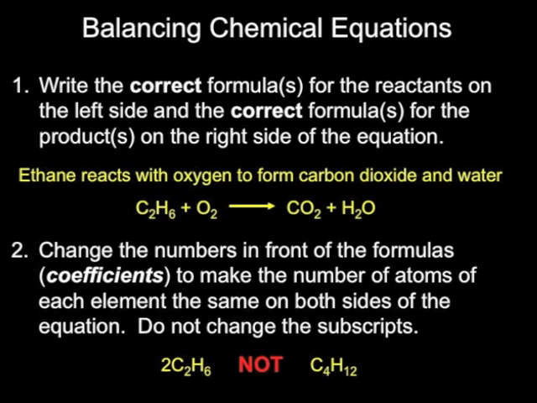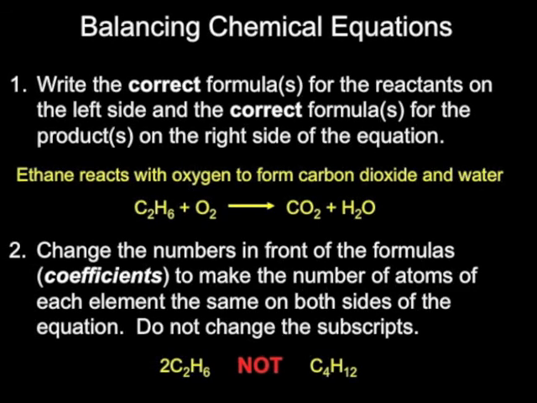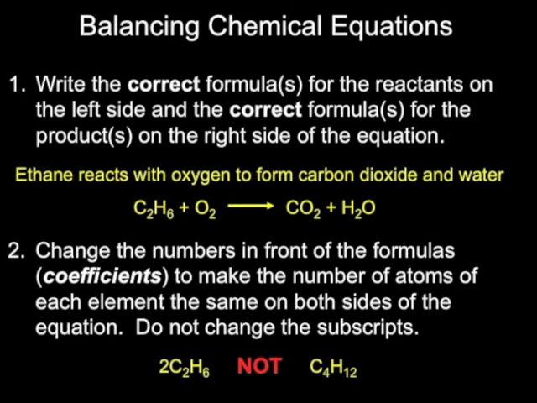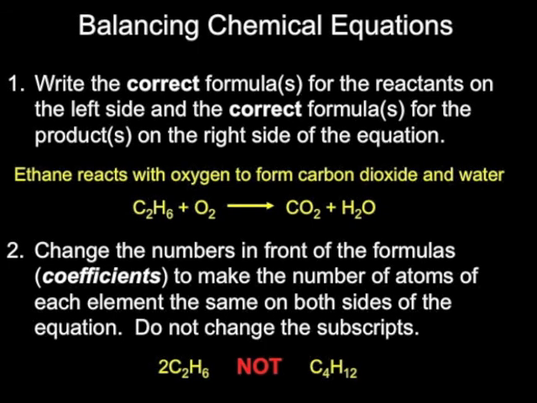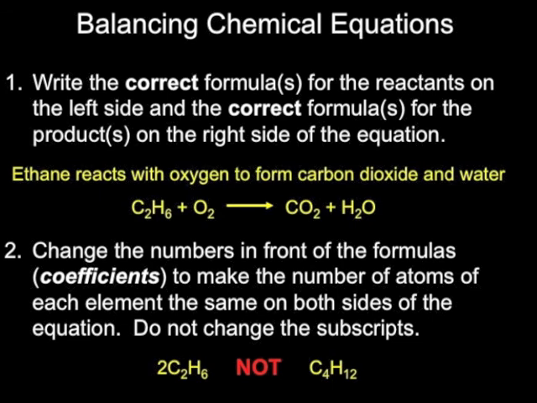So if we take, for example, ethane reacts with oxygen to form carbon dioxide and water, the chemical formula for ethane is C2H4. Oxygen, again, is diatomic, so it's O2, which reacts, leading us to the arrow, to carbon dioxide, CO2, and water. So now here listed in yellow, we have this unbalanced chemical reaction. We just have the molecules themselves.